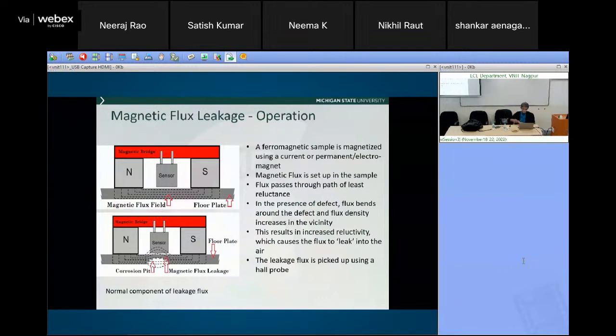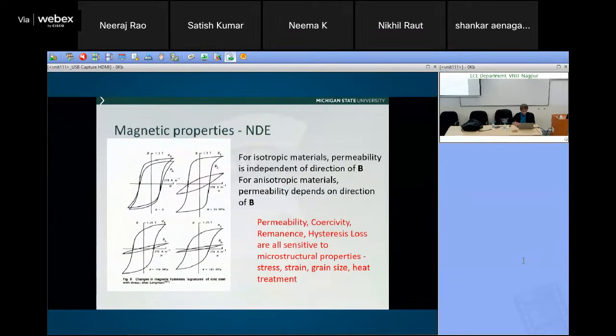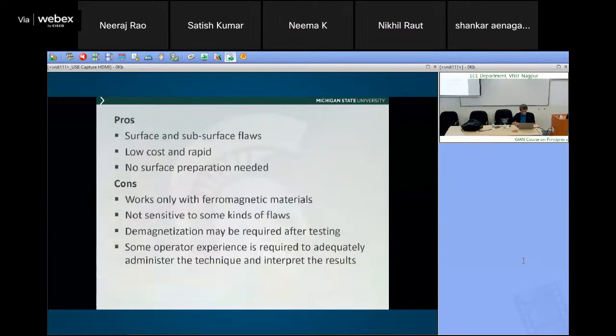Yeah. So that's why we had right direction. So again, it's surface and near surface. When I say subsurface, it can't go like half inch.